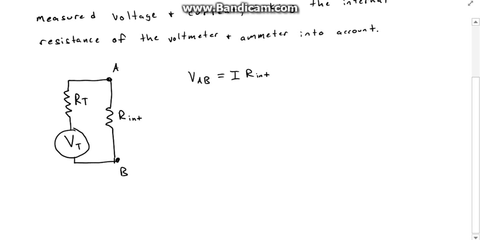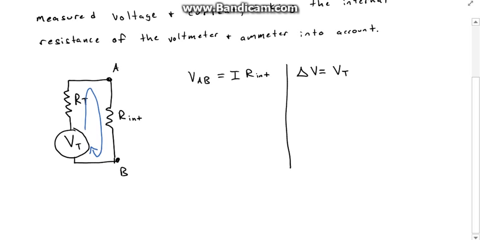Now, we need to come up with some way to find the current. And the way we do that is we use the loop rule. So the idea is if I start here in the circuit and I go around in a loop like so, the total voltage drop should equal 0. So delta V is equal to, well, I gain a Thevenin voltage when I go over the EMF source.